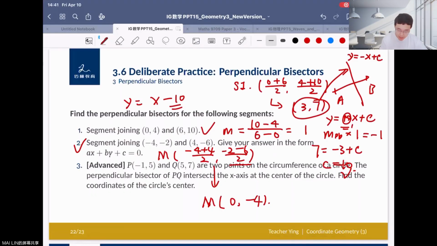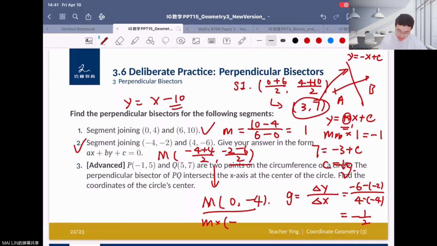Then the gradient equals the change in y over the change in x. The change in y is -6 minus -2 and the change in x is 4 minus -4, so the value is -1/2. So the gradient for the perpendicular bisector, m times -1/2 equals -1, so the perpendicular bisector's gradient equals 2.